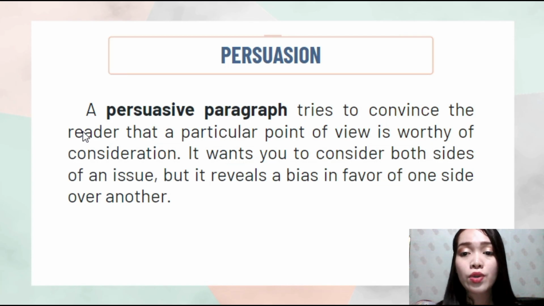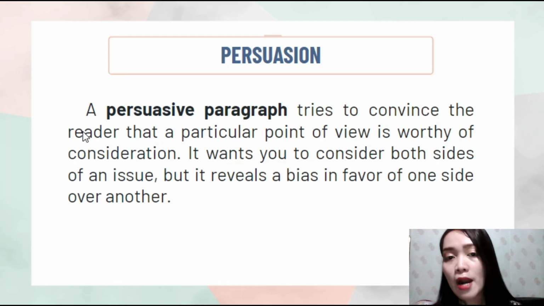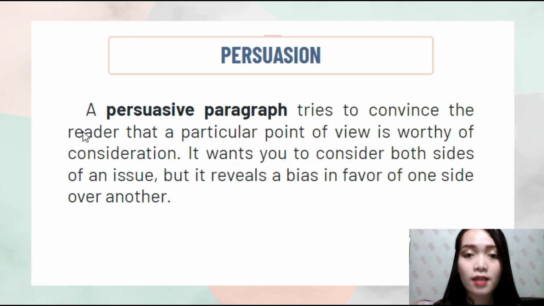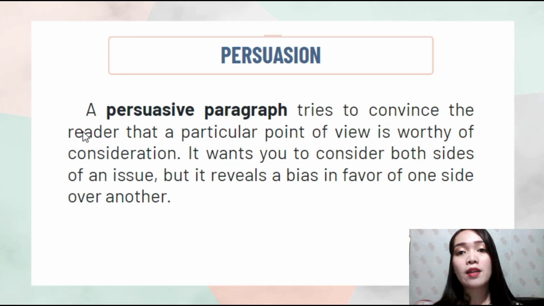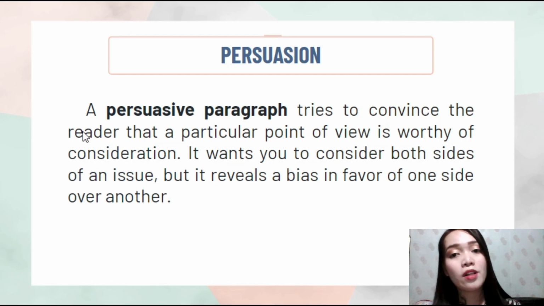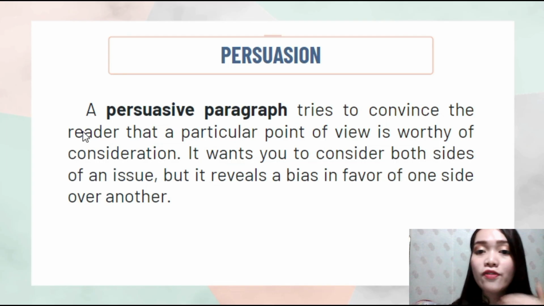It wants you to consider both sides of an issue, but it reveals a bias in favor of one side over another. Now, when you are writing a persuasive paragraph, definitely the topic that you are discussing is a controversial or debatable one. And since that topic is debatable, there can be two sides to it.